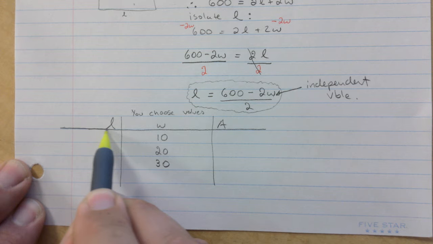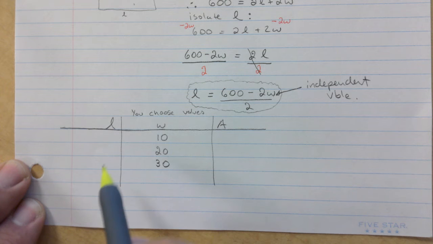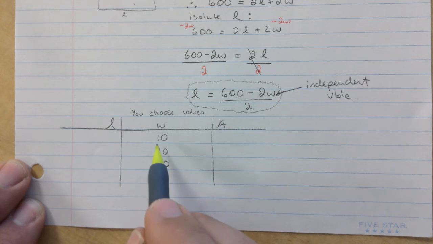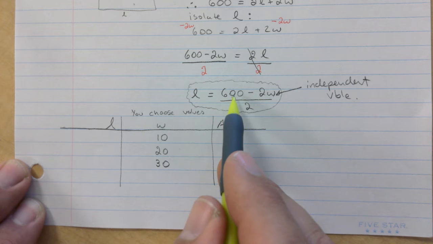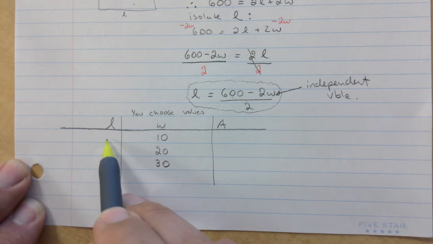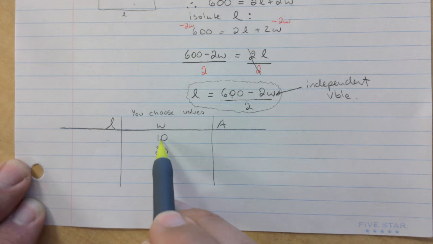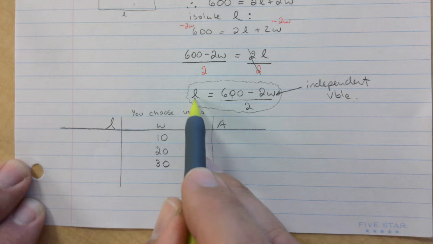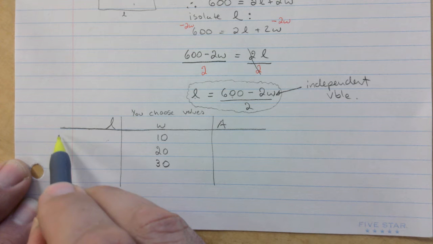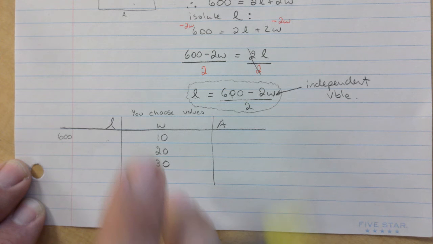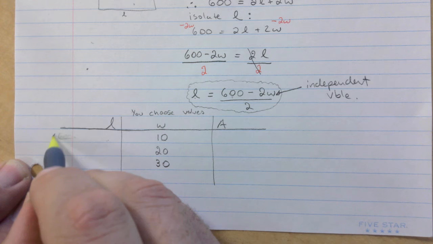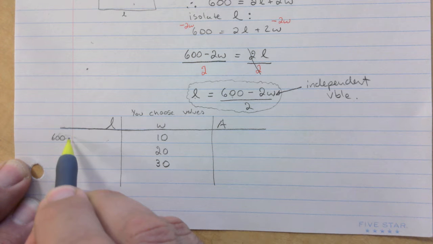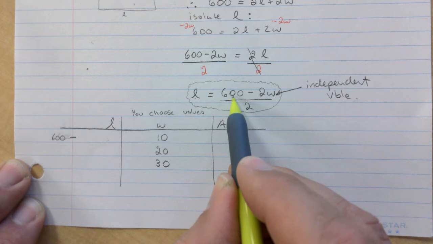Okay, so now that you have width, we will use this equation every single time to come up with the length. So if the width is 10, we're going to figure out what length is. In this case, length would be 600 minus 2W, and W happens to be 10 in that case.